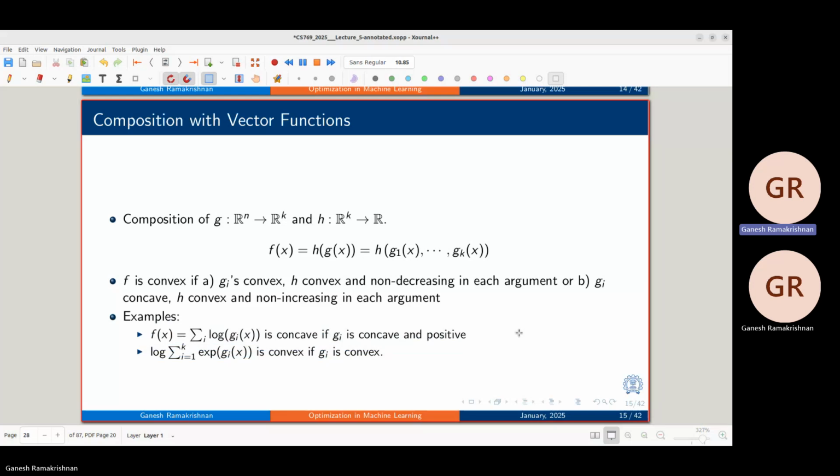So what have I done here? Let's take an example of the second one. Minus of log, sorry. If G_i's are concave, and minus of log is convex and non-increasing.